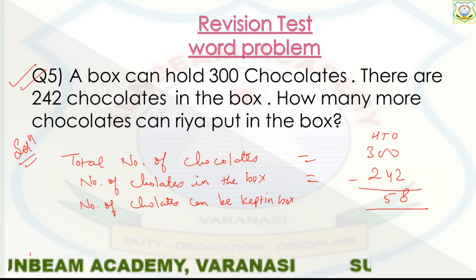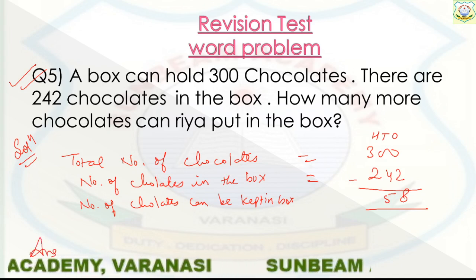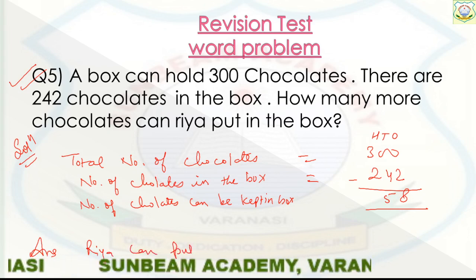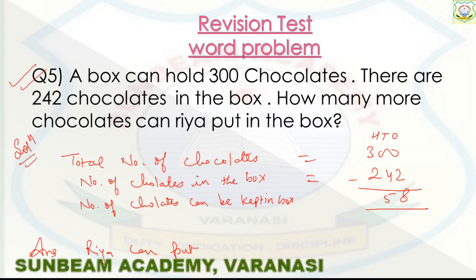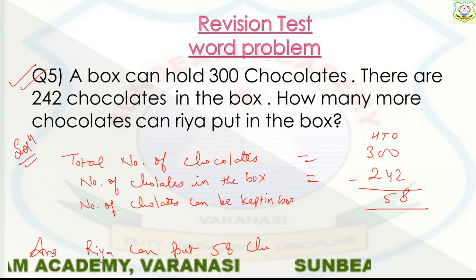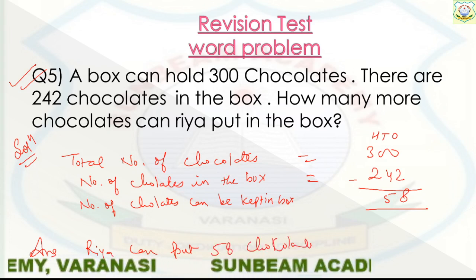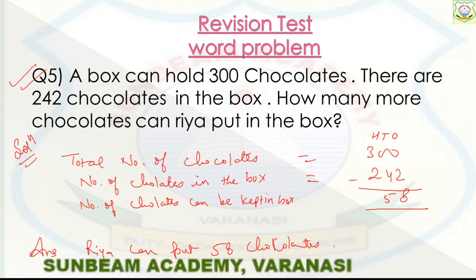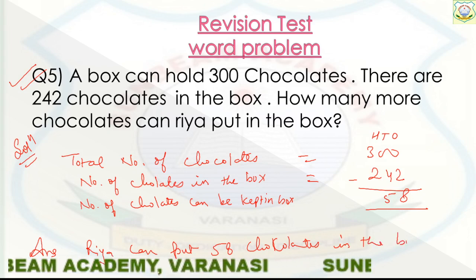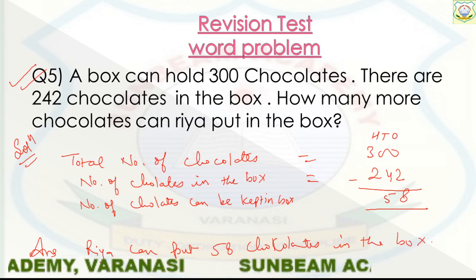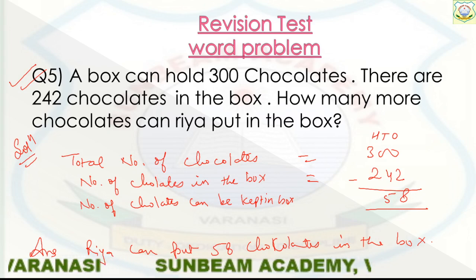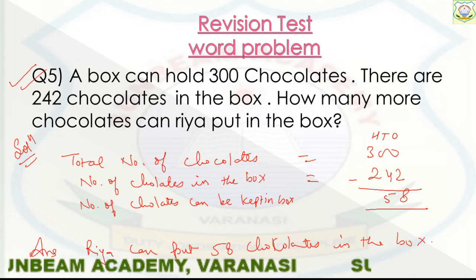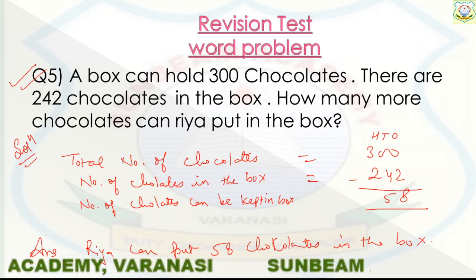So what answer have we got? Riya can put 58 chocolates in the box. Okay, if you have done it in this way, then it is correct. So now if you have done all correct, then put a tick mark with pencil.